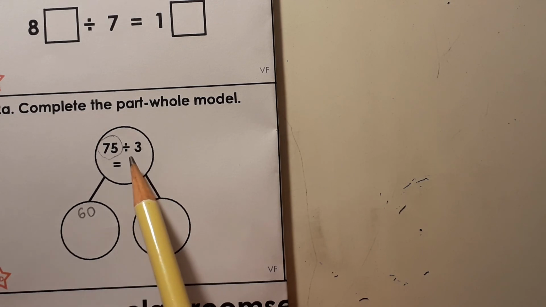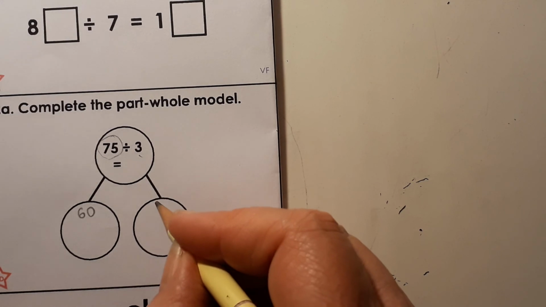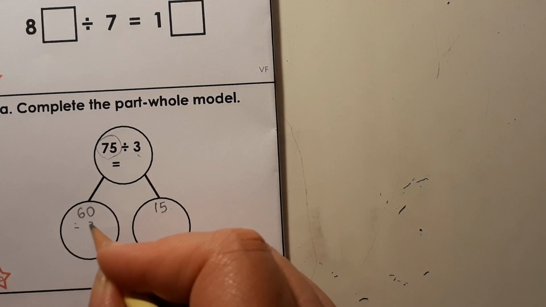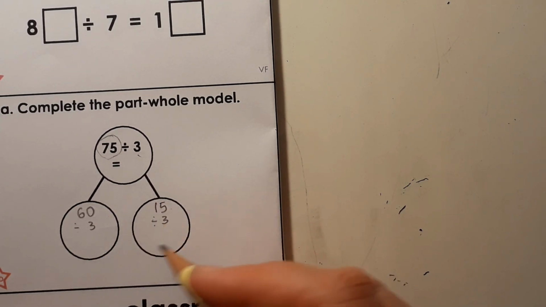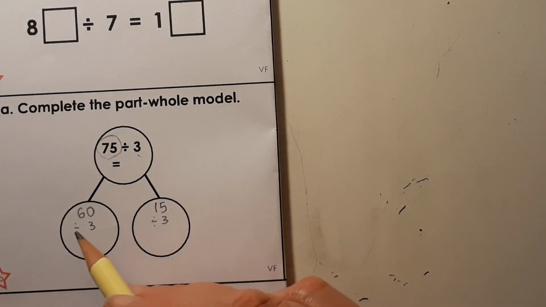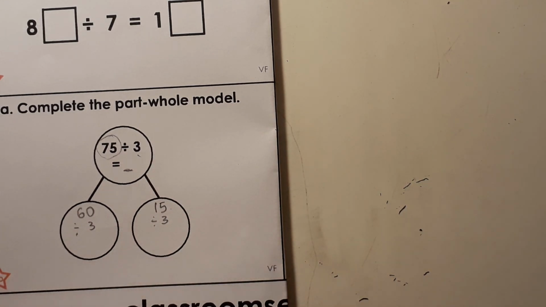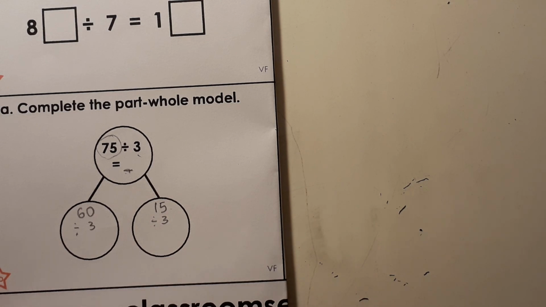So if we broke it into 60 and 15 and we divide both of those by 3, we should make the division easier for us to work out what that missing answer is.